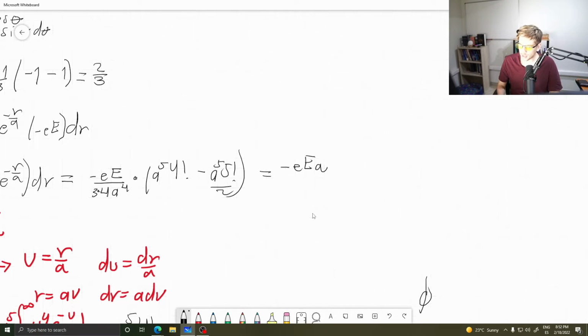And then we have this 3 times 4, which we can multiply in. Since 4 factorial is 4 times 3 times 2, the only thing that survives is a 2. And 5 factorial is 5 times 4 times 3, those two cancel out, times 2. So we're only left with 5 times 2, and since it's divided by 2, we're left with 5. So this is 2 minus 5, which is minus 3. So in the end, we get 3a.